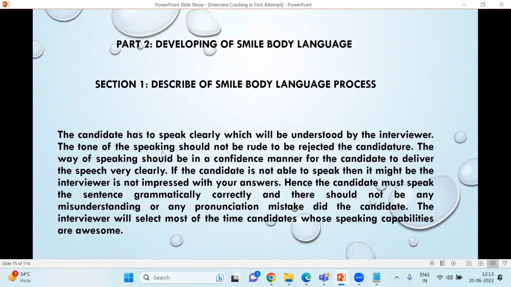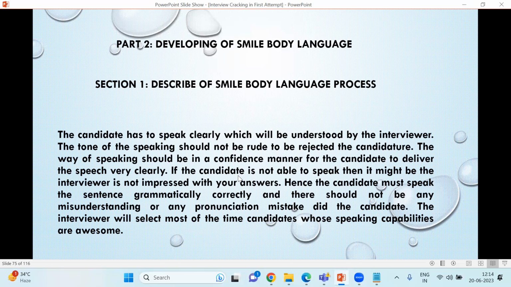The tone of the speaking should not be rude or get the candidature rejected. The way of speaking should be confident, so the candidate delivers the speech very clearly.